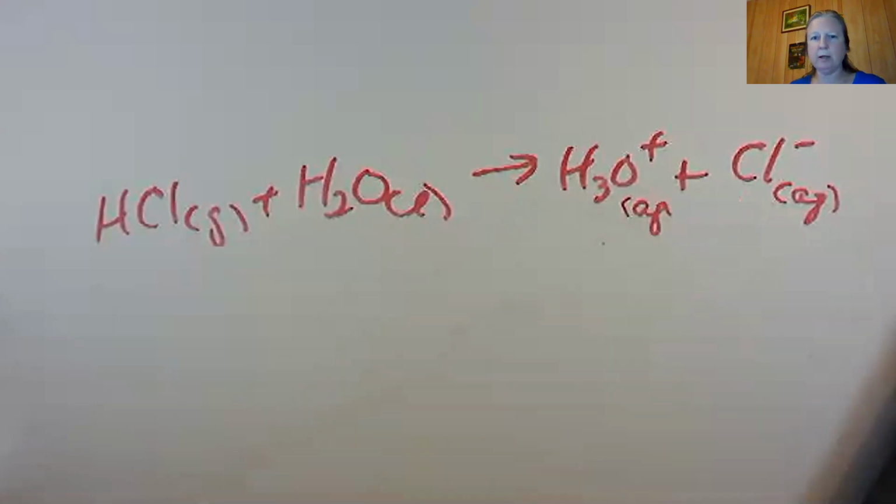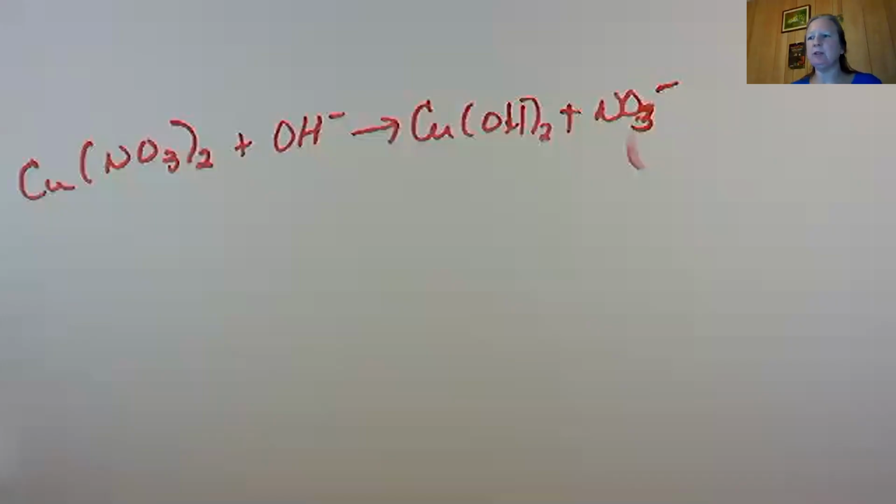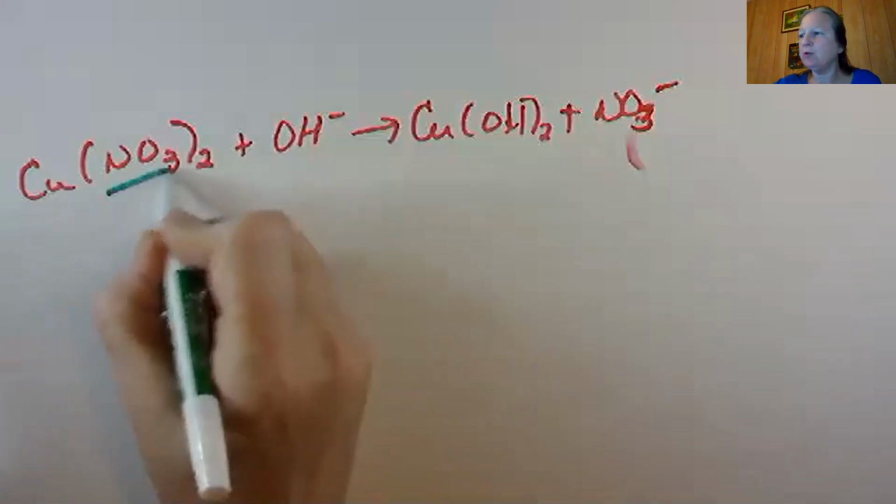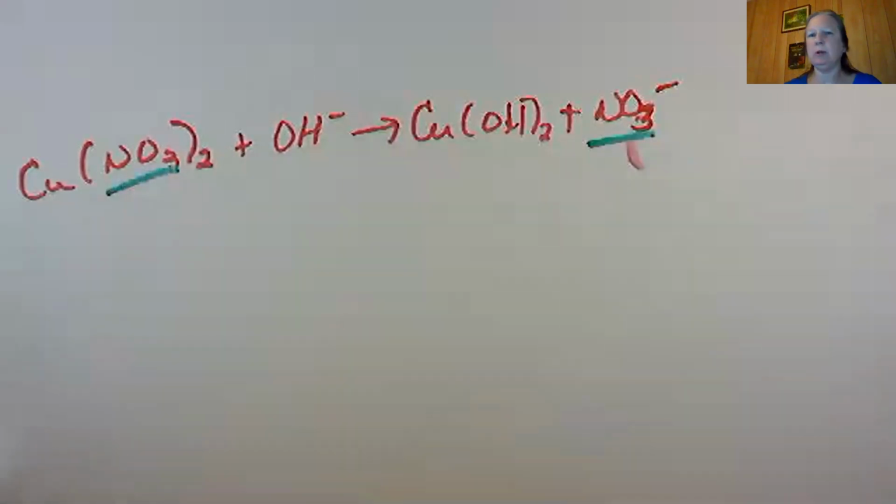Hang on, I'm going to pause and find an example. Okay, all right, I found an example just at least to illustrate. I didn't write the phases down just to try to save room, but normally you would have the phases. One hint, if you have a polyatomic ion like nitrate, it's traveling as a unit.